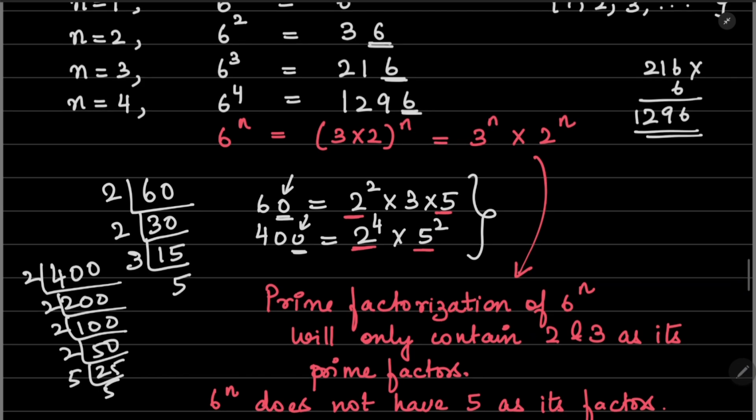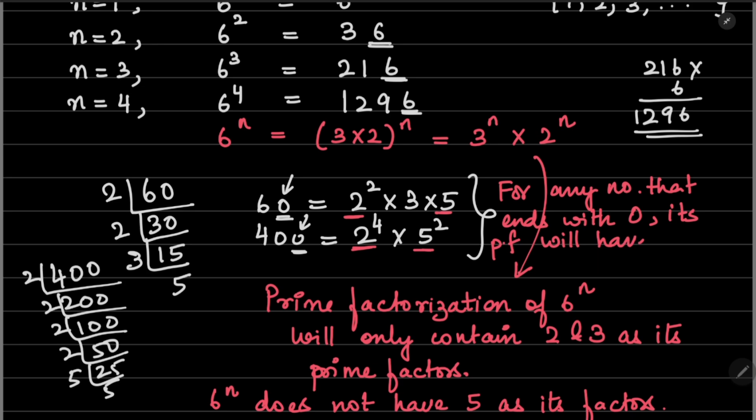Here, when you are proving, you can even write that for any number that ends with 0, its prime factorization will have 2 and 5 as its prime factors.